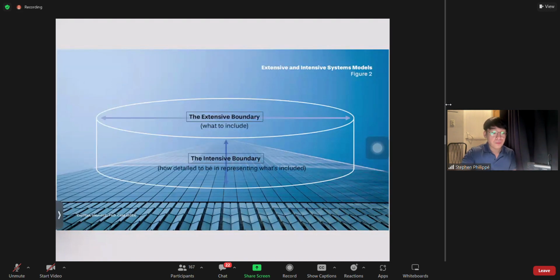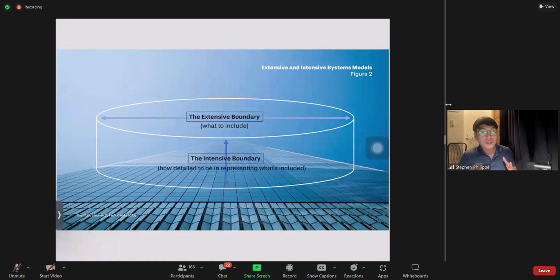Next slide. Extensive boundary and the intensive boundary. This is quite a difficult graph to talk about. This figure shows the extensive and intensive models. In the extensive boundary, we should know what to include. What are the essentials?